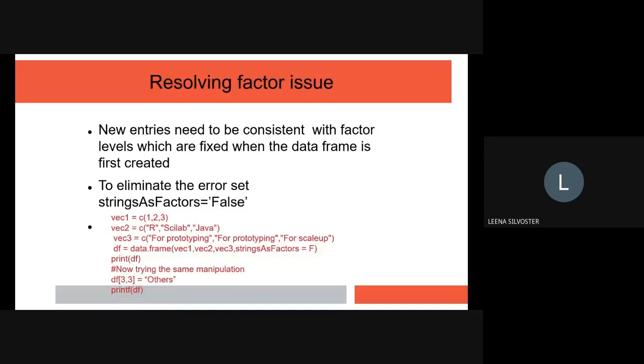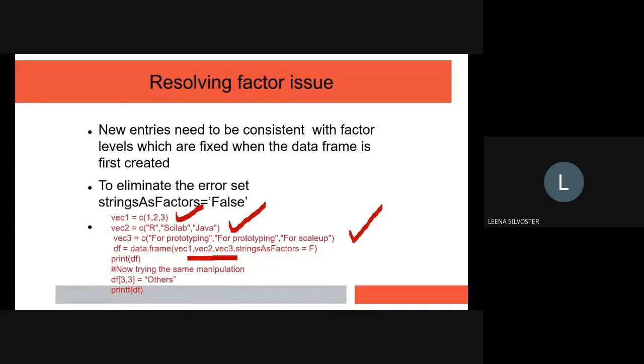So considering the same example, vector 1 is having elements 1, 2, 3 and vector 2 is having elements R, Scilab, Java and vector 3 is having elements 4 prototype, 4 Scilab. And after that, data frame is created with 3 vectors, vector 1, vector 2, vector 3 and it is followed by stringsAsFactors equal to F. So this will eliminate the error due to factor levels.